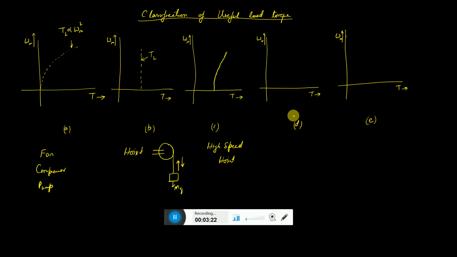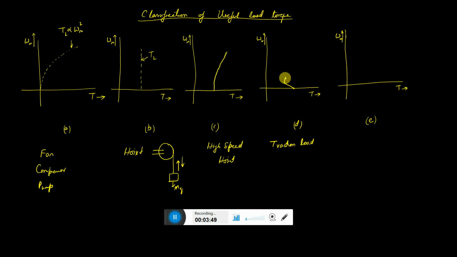Right. And another case is the traction load. In case of traction load, usually the load is very heavy on a railway track. Then its static friction is very high, and once it rolls, the torque is less.